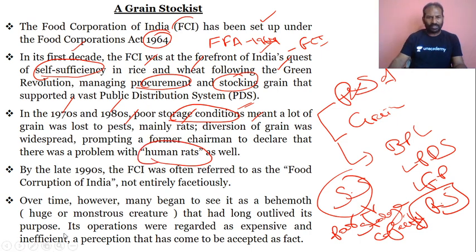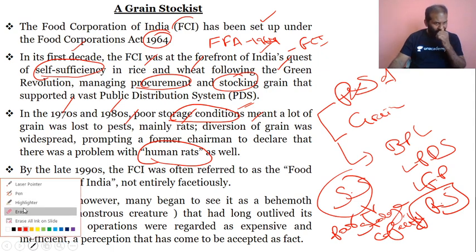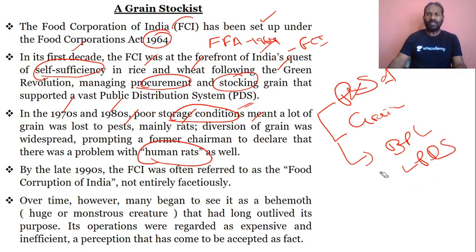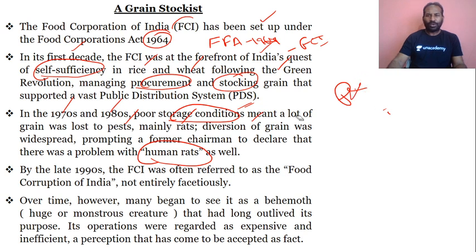Please do understand here. At the initial stages, because of the Green Revolution, when we had enough grains and were self-sufficient, what is important is that the Food Corporation of India has taken the responsibility for procuring and stocking the grain. But we did not have very good or sufficient storage conditions.